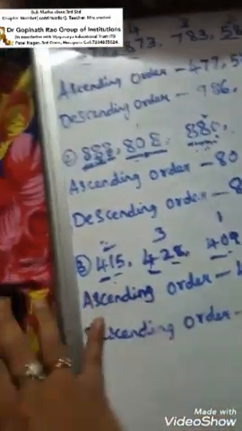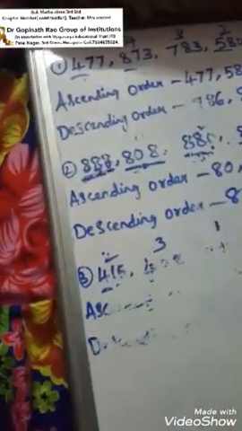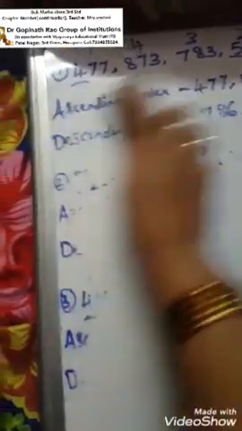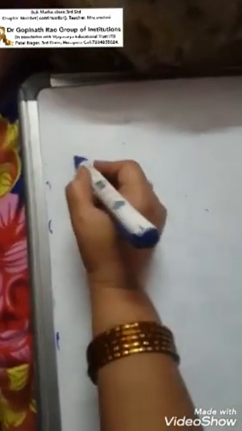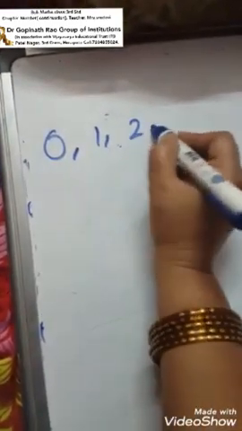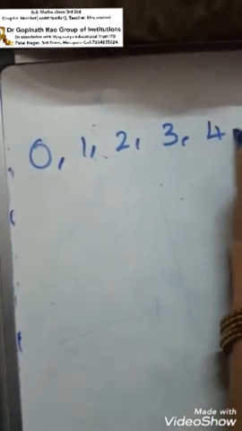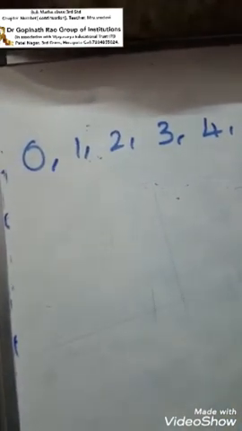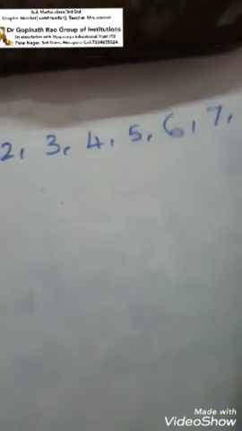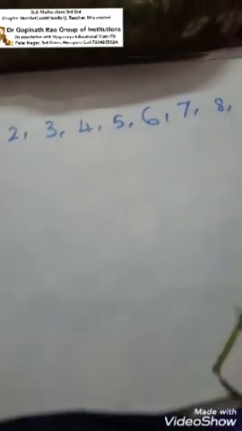So what is framing numbers? Here are 10 cards of equal size. From 0 to 9 they have given 10 cards. So 0, 1, 2, 3, 4, 5, 6, 7, 8 and 9.